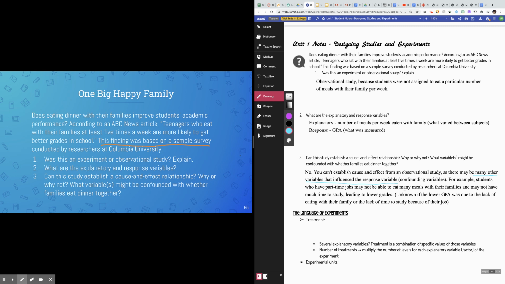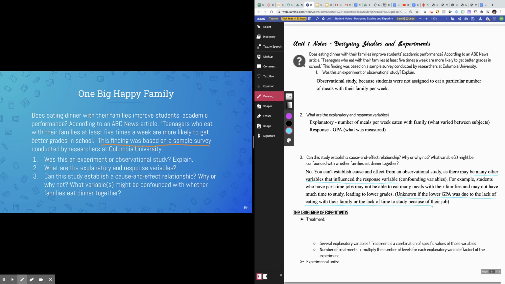And because of that job, they may also not have a whole lot of time to study, which leads to lower grades or a lower GPA. Okay. So because this is an observational study, it's unknown if the lower GPA was due to the lack of eating with their family, which is the explanatory variable, or the lack of time to study because of their job, which is a confounding variable.